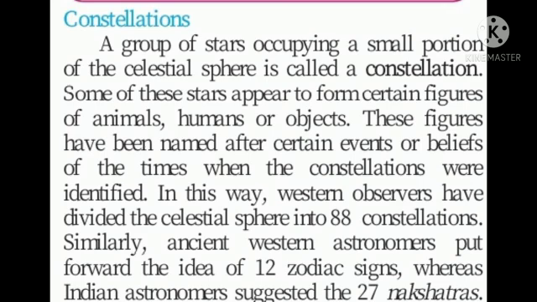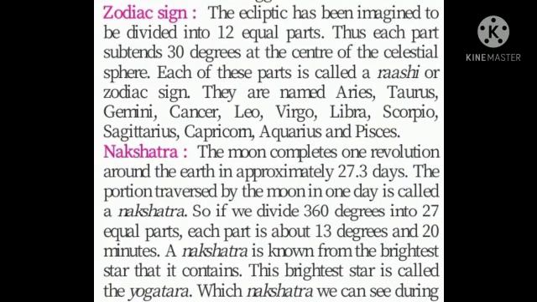Zodiac signs or Rashi. The ecliptic has been imagined to be divided into 12 equal parts of 30 degrees at the center of the ecliptic sphere.